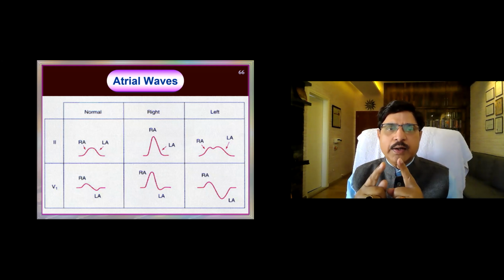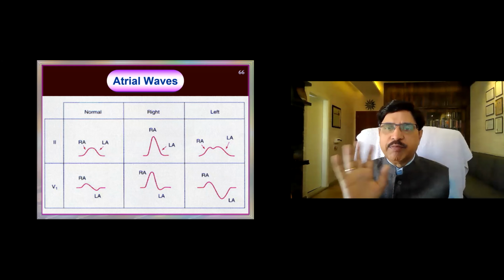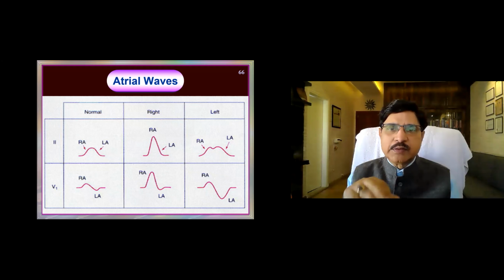So right atrial hypertrophy will be there. That is called the P pulmonale, which is the arrowhead P. So very tall. Duration-wise, it may not be wide, but height-wise, it is more than 3 small squares in L2.